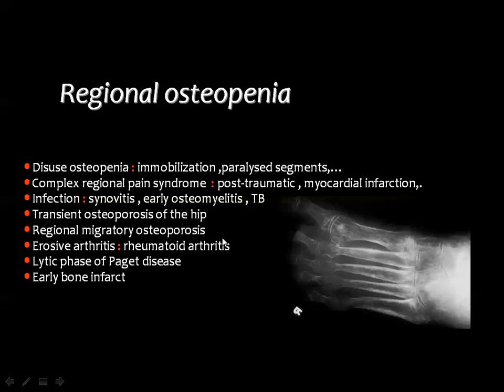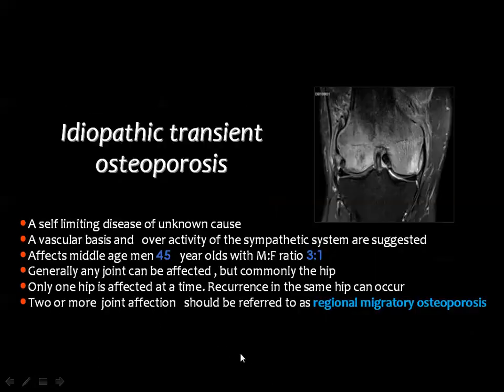Osteopenia is also seen in rheumatoid and other joint diseases, and also in the lytic phase of Paget disease, as I have mentioned in the second part of this lecture, and in early cases of bone infarction, you can see this. Idiopathic transient osteoporosis is a self-limiting disease of unknown etiology, and it appears in the X-rays as decreased bone density, which may not be appreciated well in the X-rays.